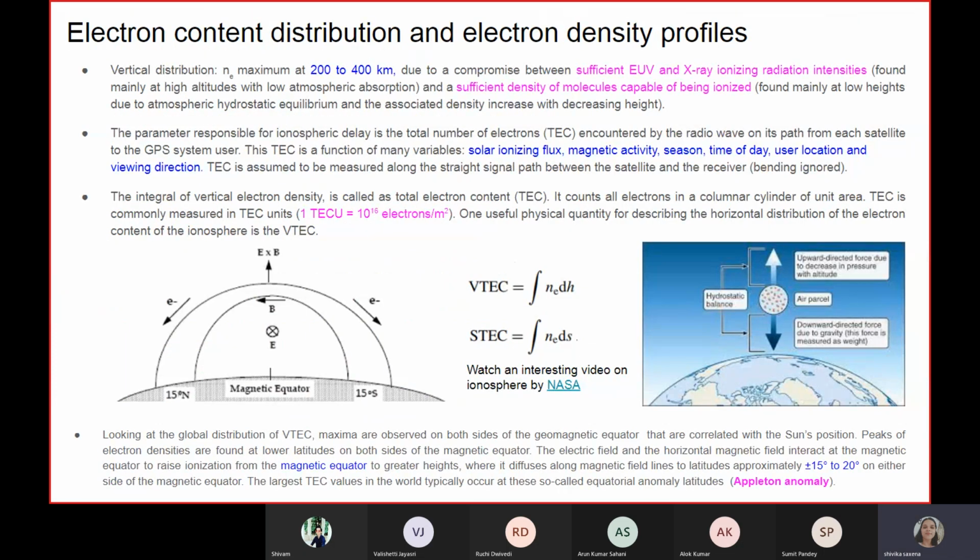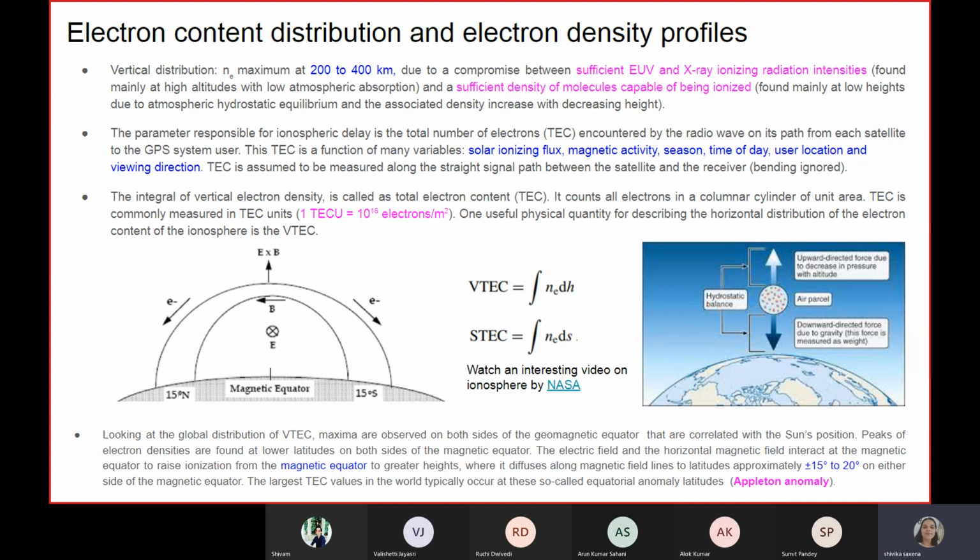But since, according to the atmospheric hydrostatic equilibrium, density is more near the earth's surface, a sufficient density of molecules capable of being ionized is found at lower heights. So you understand there is a compromise between a higher height phenomenon, that is ionization, and a lower height phenomenon, that is the density of the atmosphere. So we have to have a compromise between these two things, and due to this compromise, we have the maximum electron content distribution at 200 to 400 kilometers.